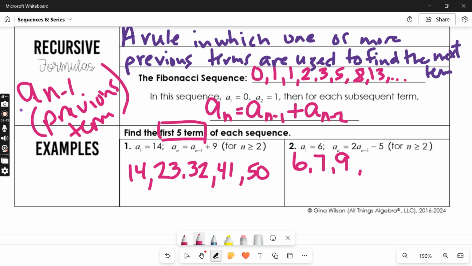Okay, I'm going to do 2 times 9, which is 18, minus 5, which is 13. 2 times 13, which is 26. 26 minus 5, which is 21.